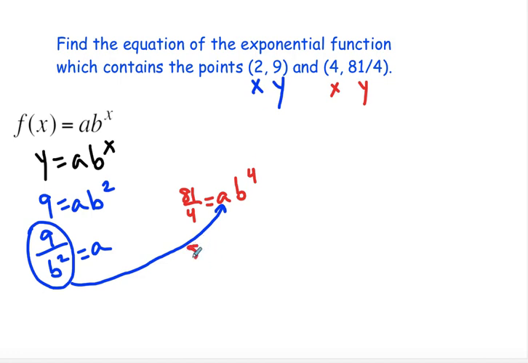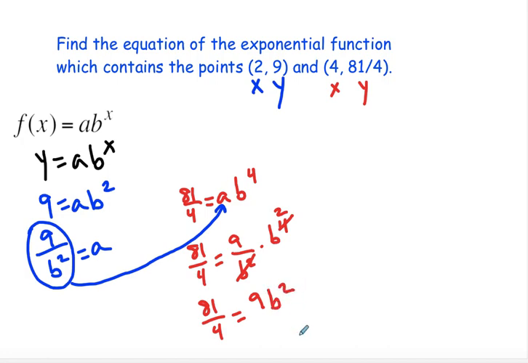Then I would have 81 over 4 equals 9 over b squared times b to the fourth. It's going to work out because I can cancel 2 b's from the bottom and 2 from the top. So now I would have 9b squared. And then we can keep solving from there.